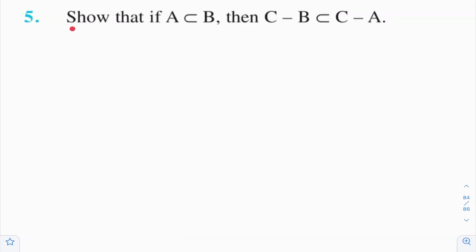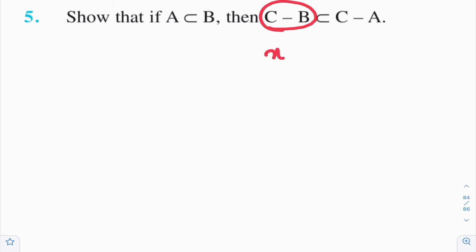Observe this question. Show that if A is a subset of B, that means when A is a subset of B, we need to prove that C minus B is a subset of C minus A. So actually you need to prove this result. How to prove one set is a subset of another set? Actually what I'll do, I'll take a random element in this set.